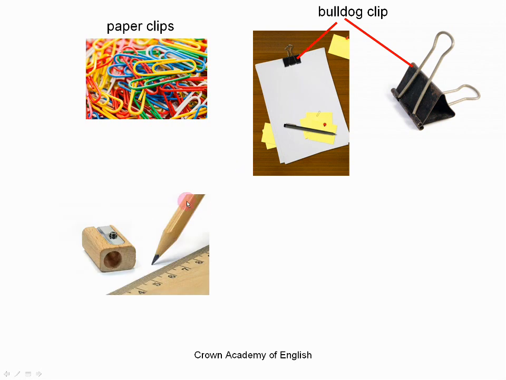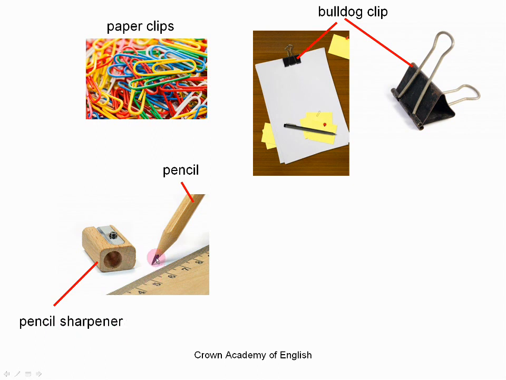Now here on this photograph there are three things. The first one is here, it is a pencil. So we use a pencil for writing and for drawing. And when the pencil has been used a lot, the pencil becomes blunt. And so we need to use a pencil sharpener. So we use this to sharpen the pencil.